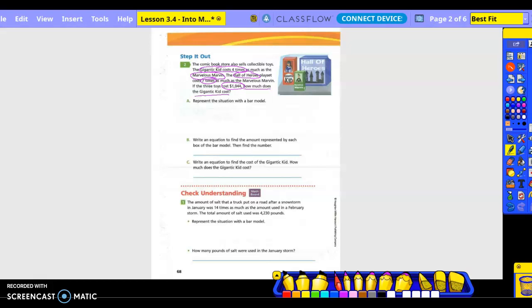So we're looking for the Gigantic Kid. So which one is only going to have 1 box? Marvelous Marvin. So we'll just put MM for that one. Then Gigantic Kid cost how many times more? 4 times, so 4 boxes. And then the Hall of Heroes is how many times more than the Marvelous Marvin? 7 times.